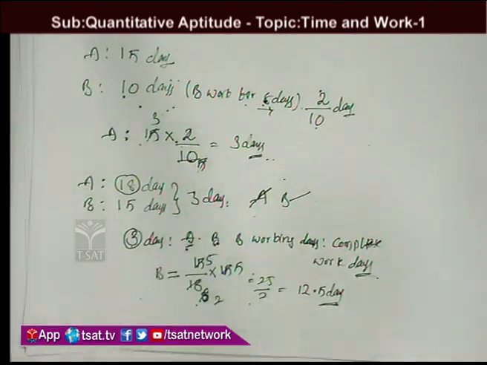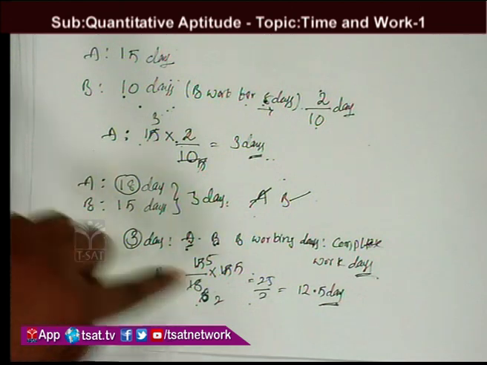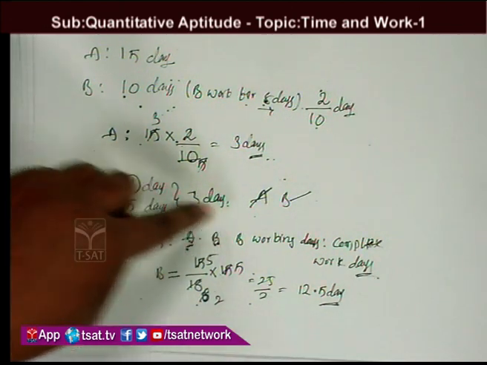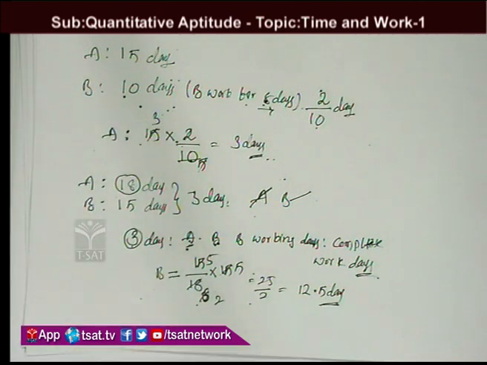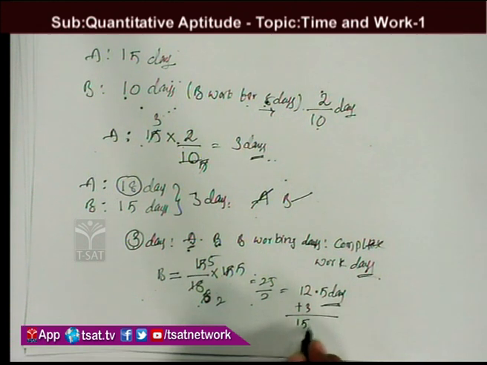So, there is a doubt. We found that B is working 12.5 days, but before that A and B worked together for 3 days. So, is it 12.5 plus 3 days, making 15.5 days?